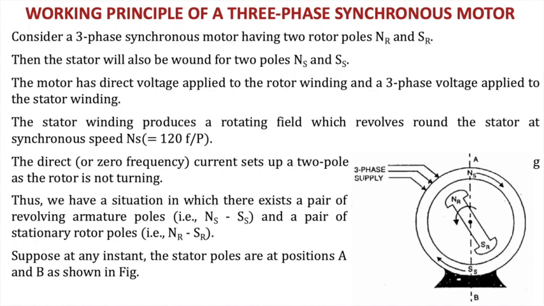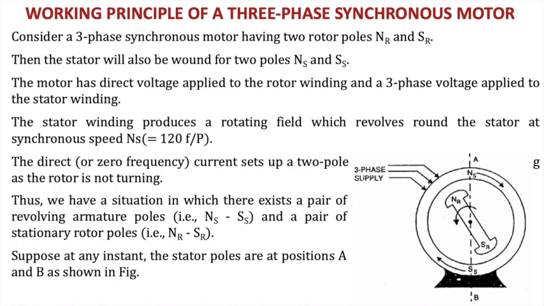So there will be a situation where the rotor has a position, as you can see. NS means the north pole of the stator, SS means the south pole of the stator in the figure, and you have the north pole and the south pole of the rotor. There will be a situation when a pair of revolving armature poles, that is the stator poles, are revolving while the rotor poles are stationary.